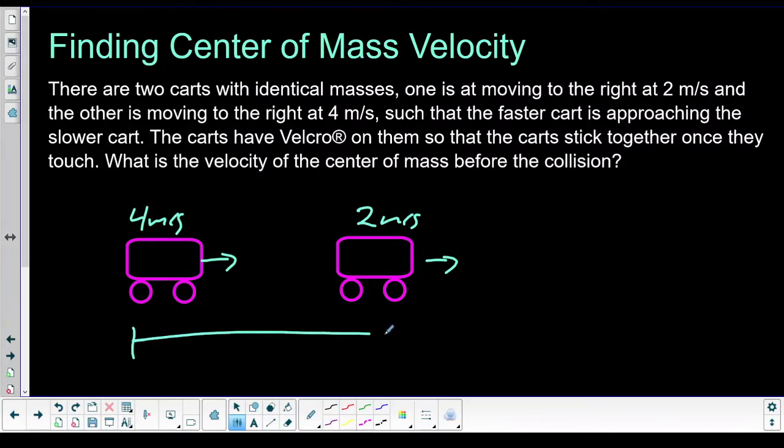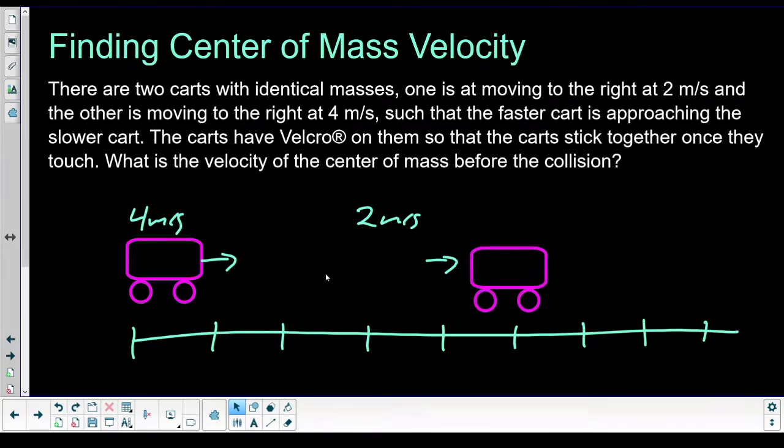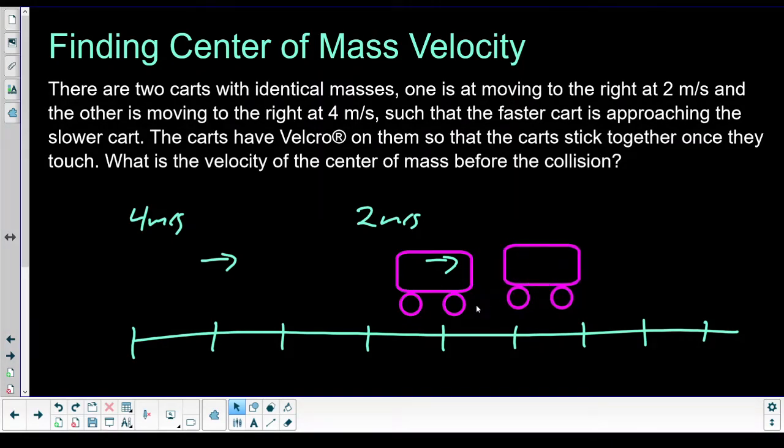If we put a little scale here, this one will go 2, and this one will go 4. They collide. Now they're gonna bounce off, right? So this one will get a little bump and speed up. This one will get a little bump the other way and slow down, maybe stop, maybe turn around.